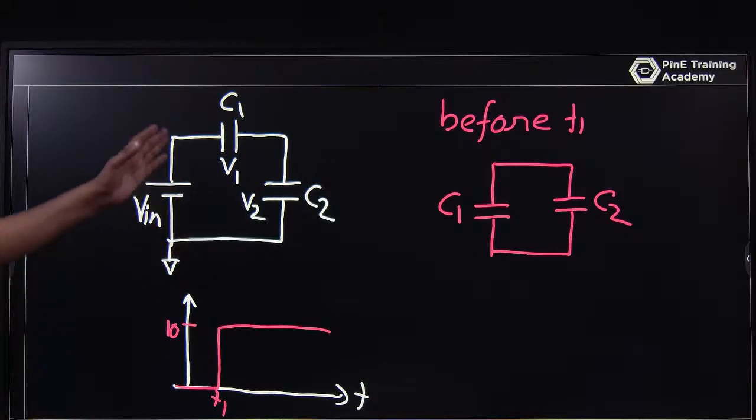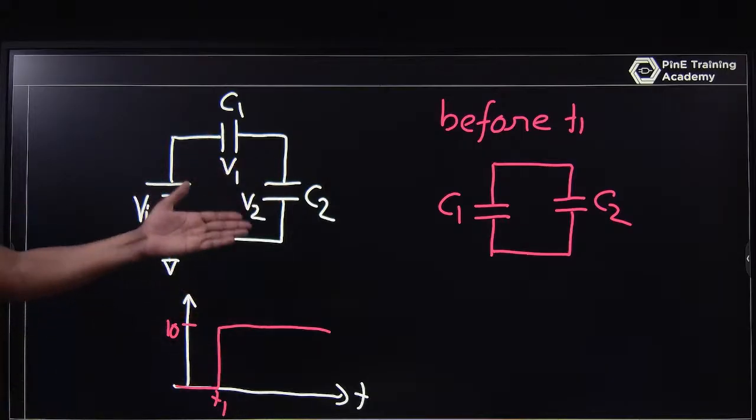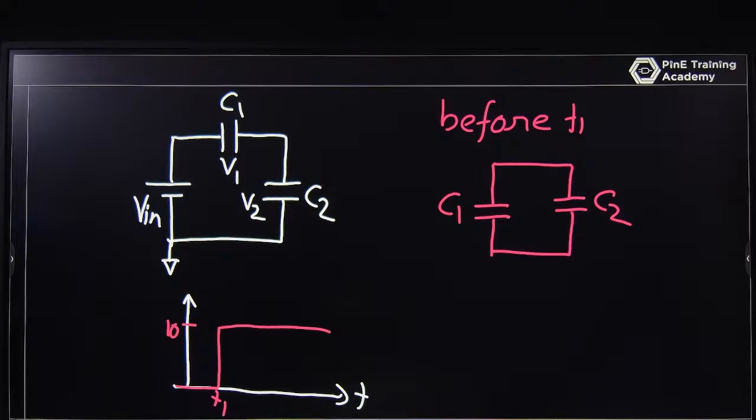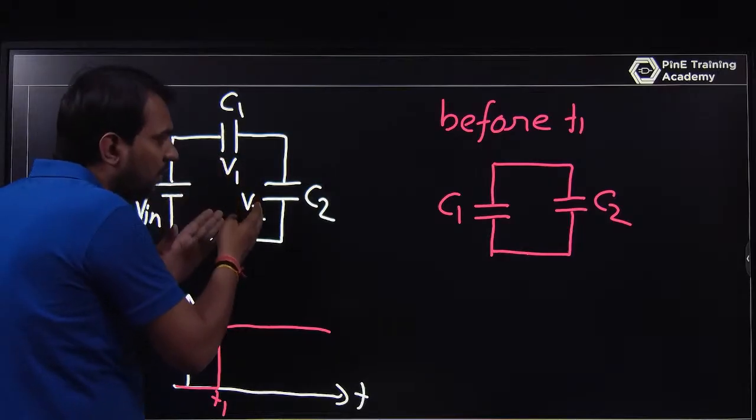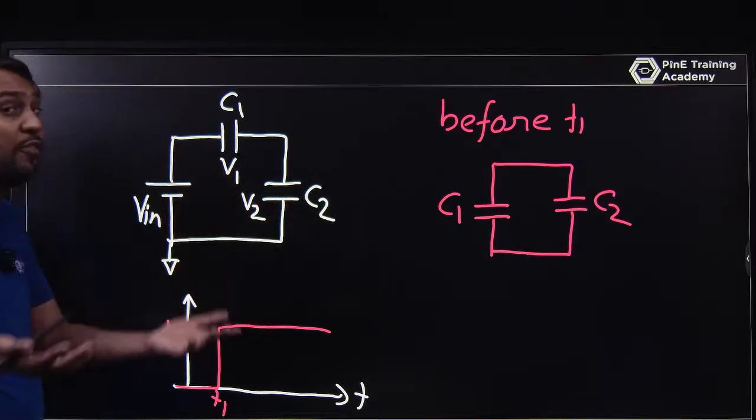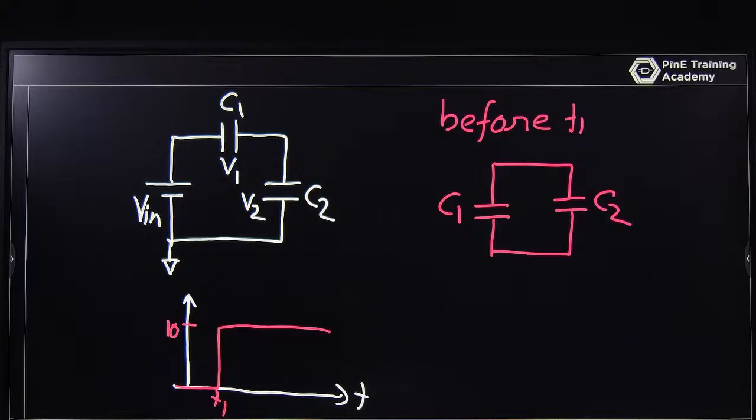And when they are 0, what will be the voltage here? The voltage is just like the previous one, C1 V1 plus C2 V2 upon C1 plus C2. So V1 and V2 are not like this; the voltage is just V, that is C1 V1 plus C2 V2 upon C1 plus C2.